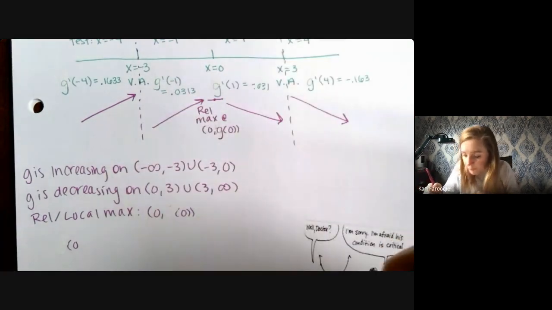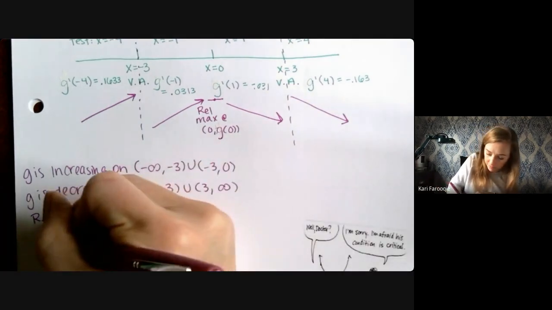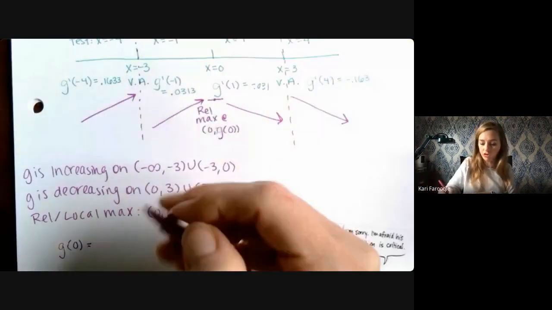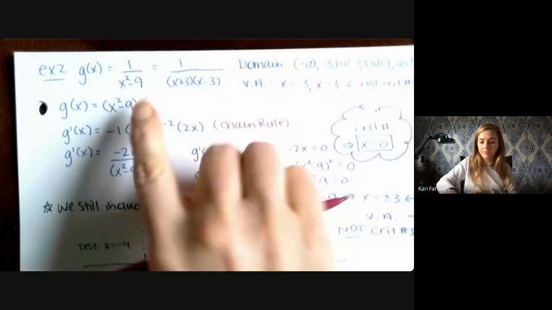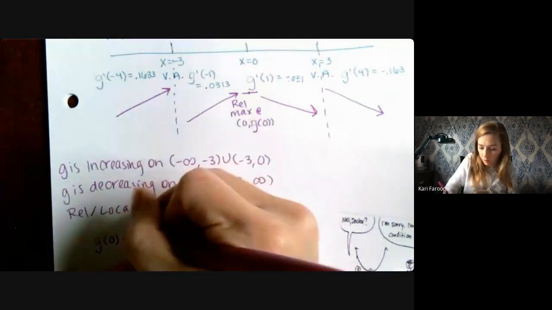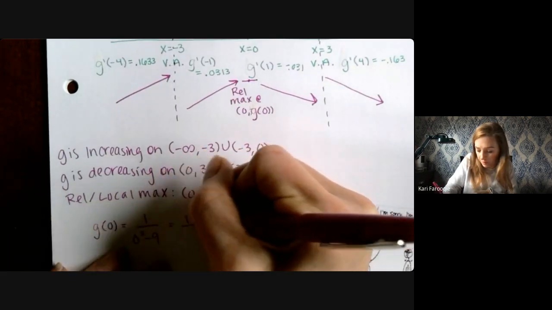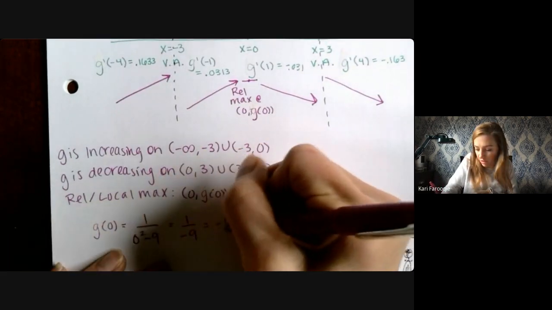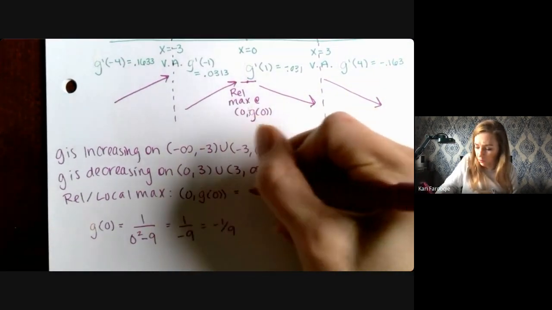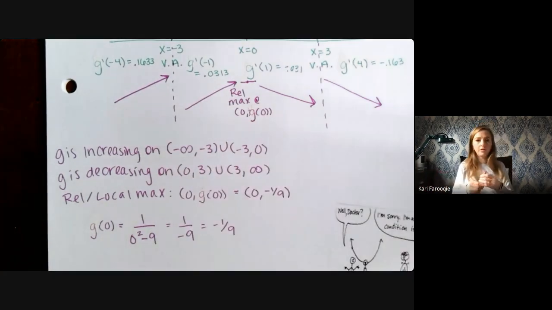Okay, g of 0. Well, my original function g was 1 over x squared minus 9. So this is going to be 1 over 0 squared minus 9, which is -1/9. So I can say I have a relative or local maximum at 0 and -1/9.